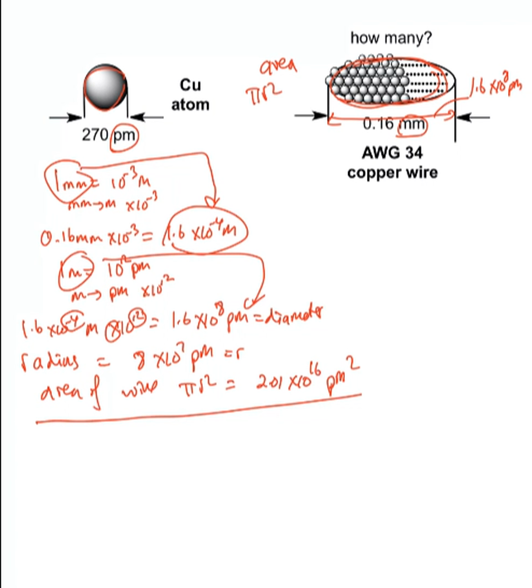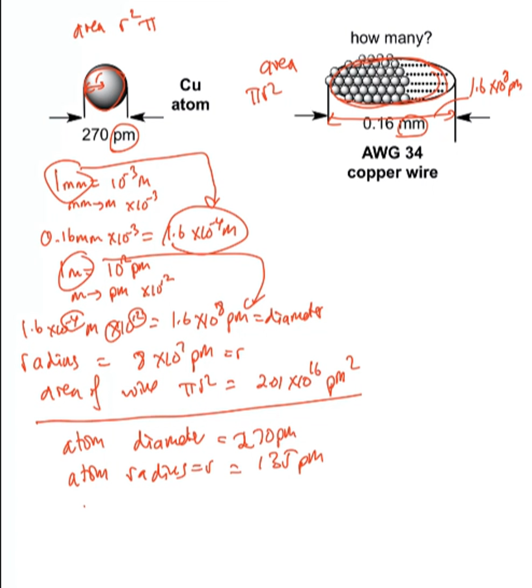What's the area occupied by the copper atom? Well, again, the area occupied by the copper atom is going to be the radius squared times pi. So if the atom diameter is 270 picometers, then the atom radius r is 135 picometers.